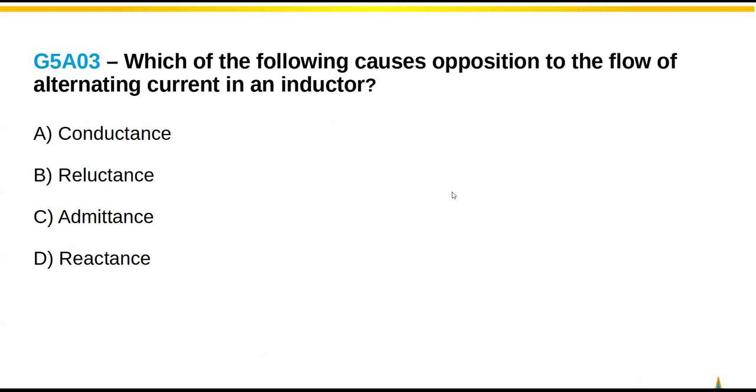Which of the following causes opposition to the flow of alternating current in an inductor? Reluctance is cute. Delta.